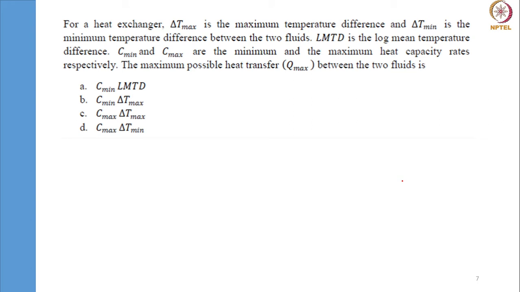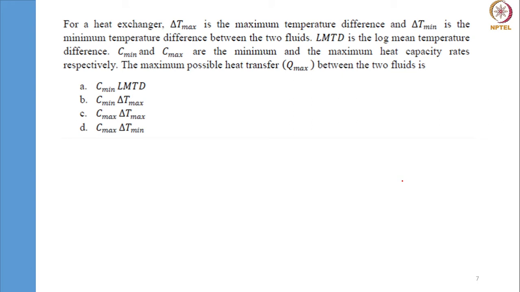So, what is the maximum heat transfer that can be possible between these two fluids? Some of us might already know the direct final answer, but for different cases of C hot being greater than C cold, I encourage you all to work out and tell me.